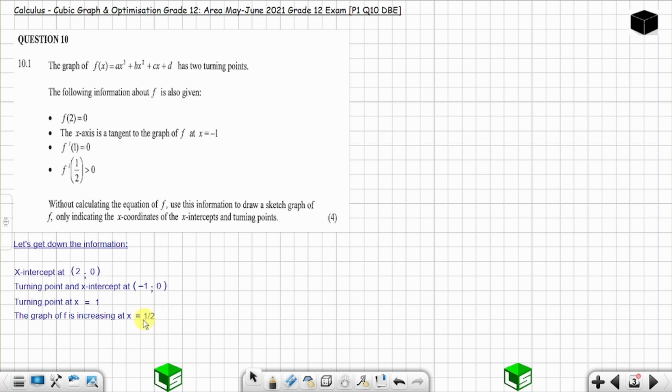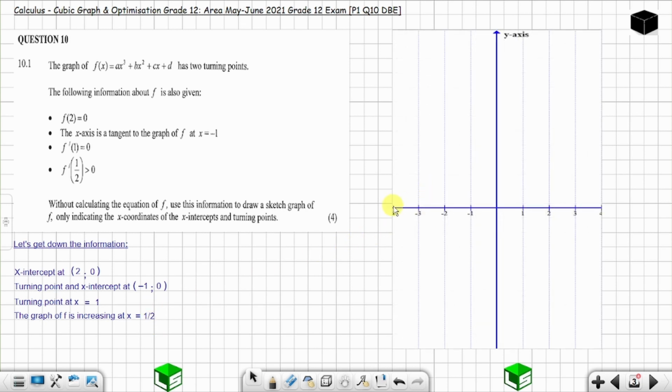Now you have all the information down, so you can sketch the graph. This is the Cartesian plane. You have your x-axis and the y-axis.